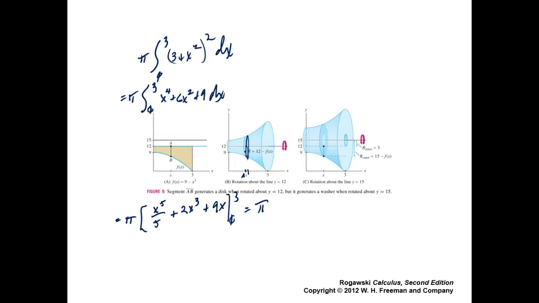And then 9 squared is 81. So that's 3 to the 4th. So multiply that by 3 and you get 243. Those calculators slow you down, don't they?